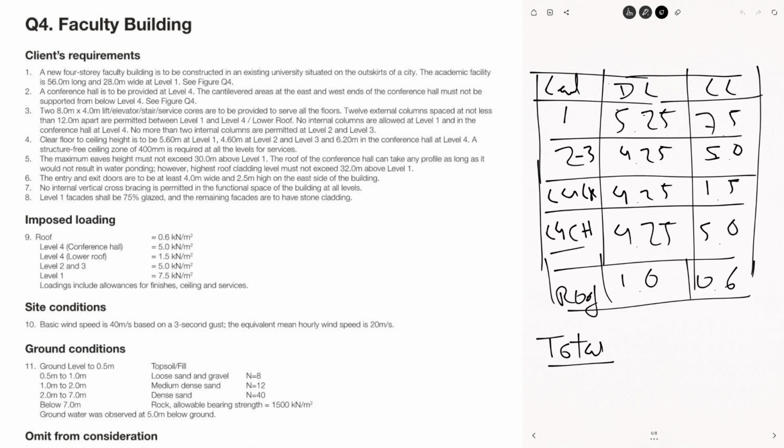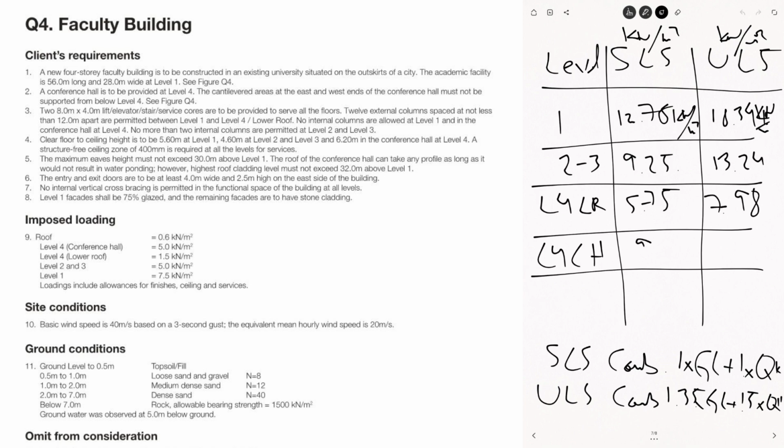Okay, so 4.25 plus 5, that's 9.25. And then the ULS is 13.24.